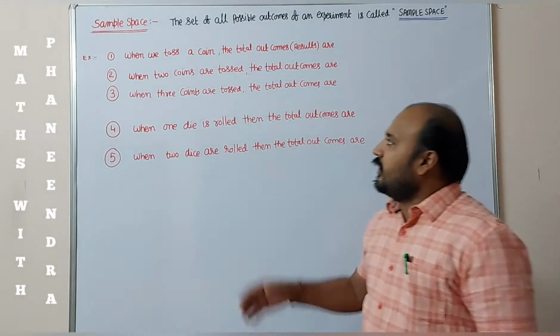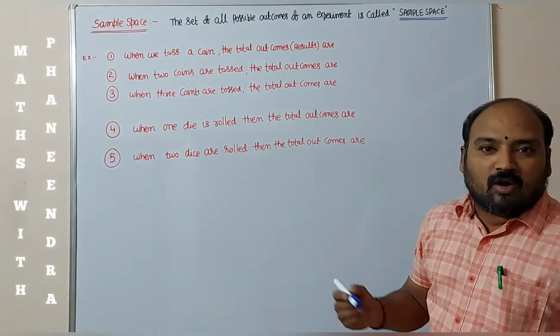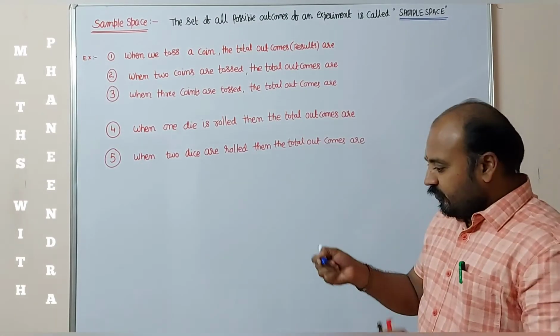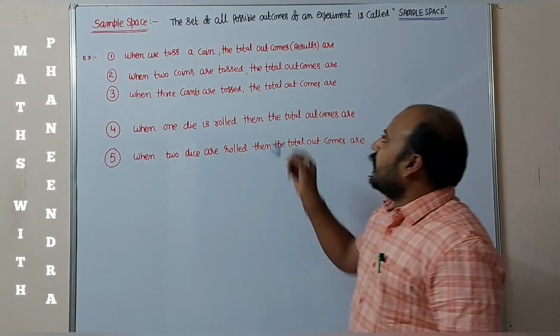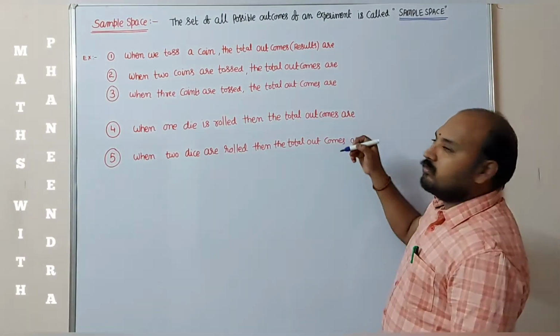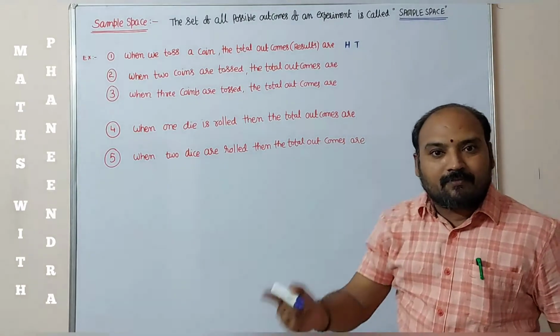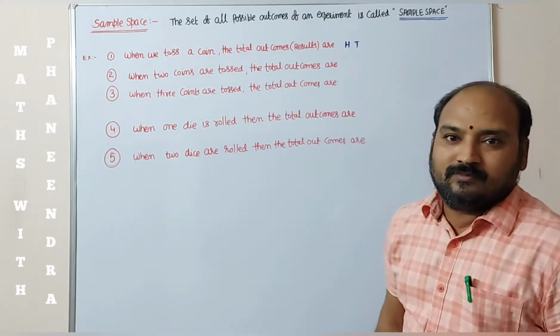For example, here I am giving 5 examples, and I will give the sample space according to the experiment. When we toss a coin, the total outcomes are head and tail. Either head will come or tail will come.